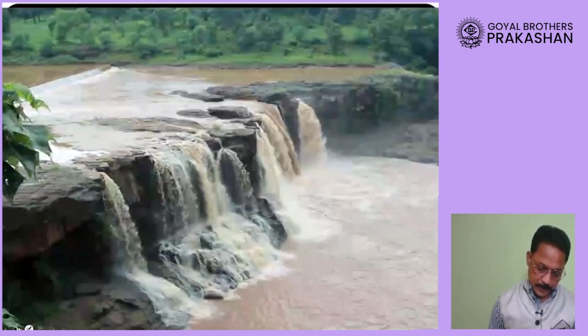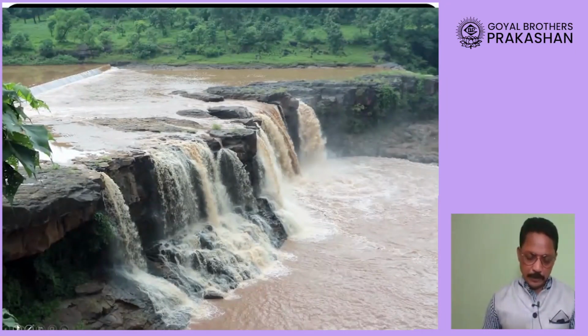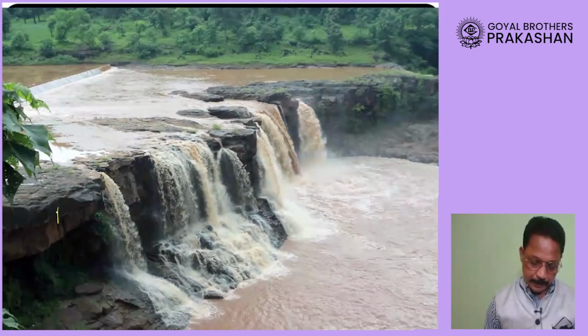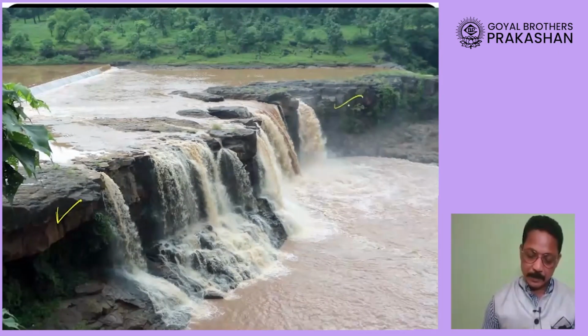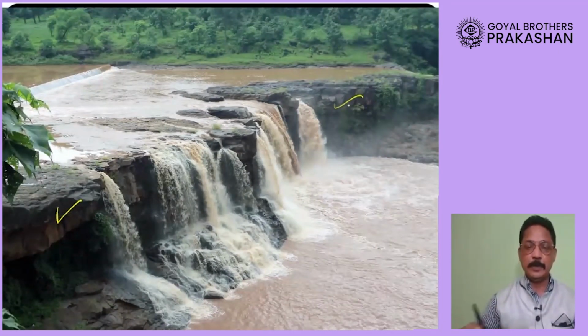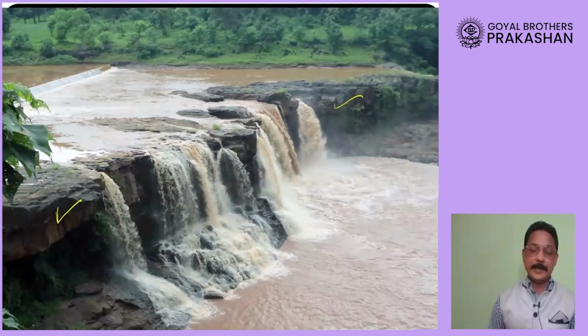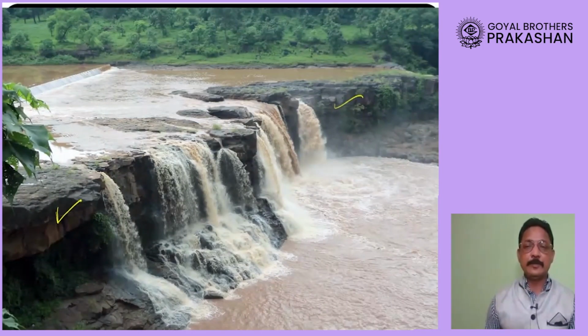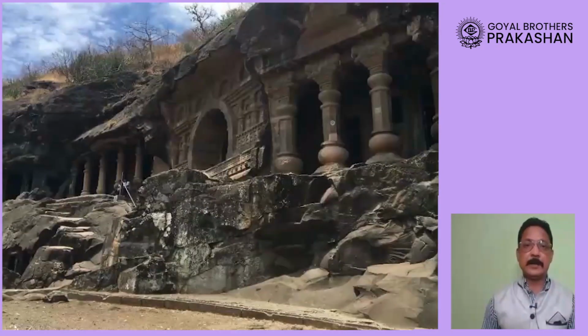Now let us look at the picture here. What do you think is the color of this rock? You are correct, it is basalt rock. So when rivers flow over this rock, the rock will start getting disintegrated, and the soil which will be formed will be called black cotton soil or black soil, also called lava soil.